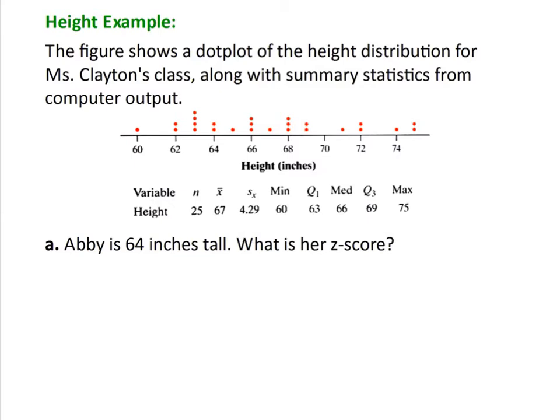So we're going to focus on this example. We're going to call this one the height example. For the height example, it says the figure shows a dot plot of the height distribution for Miss Clayton's class, along with summary statistics from computer output. You remember from in class, we've seen this exact graph, but we also talked about this data that it gives me down here.